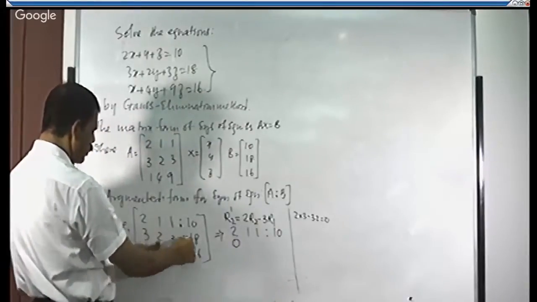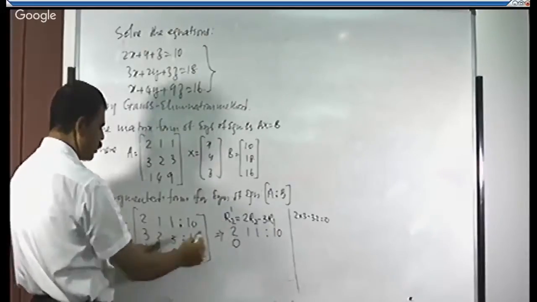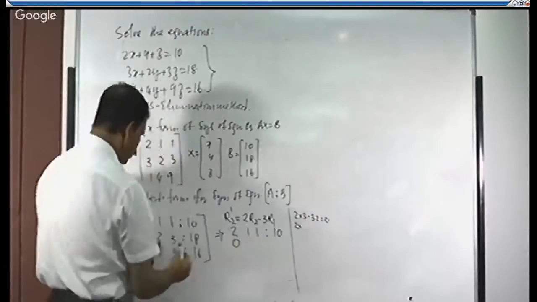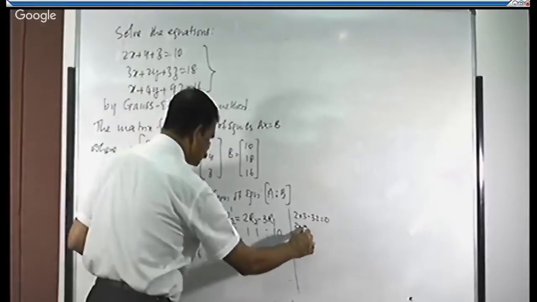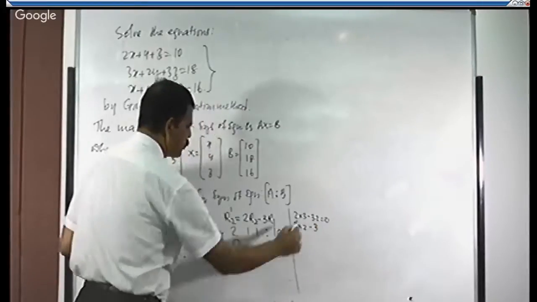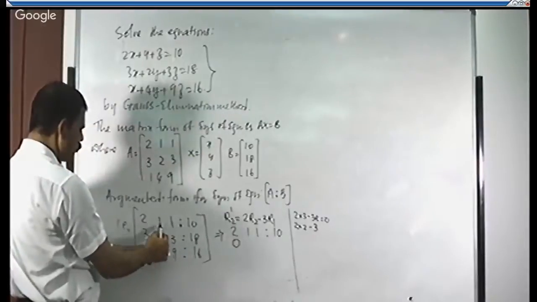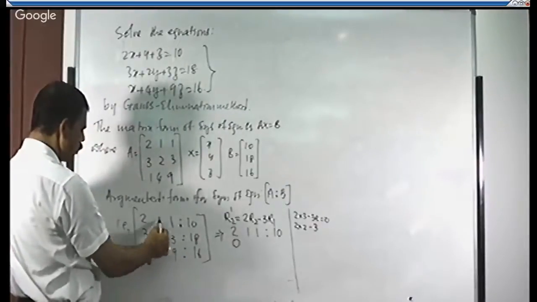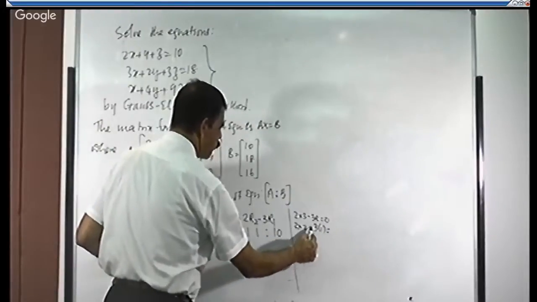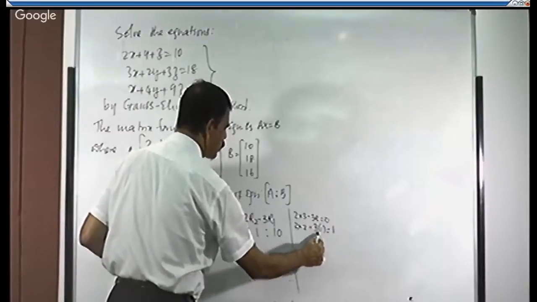I said earlier, you need to apply for all the elements of the second row. The rule says 2 into R2 minus 3 times R1. R2 is 2, R1 is 1. So 2 into 2 is 4. 4 minus 3 into 1 is 3. 4 minus 3 is 1.